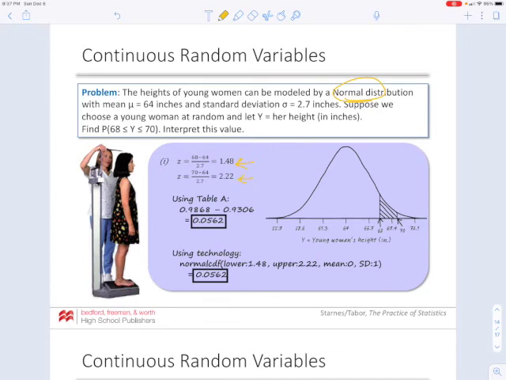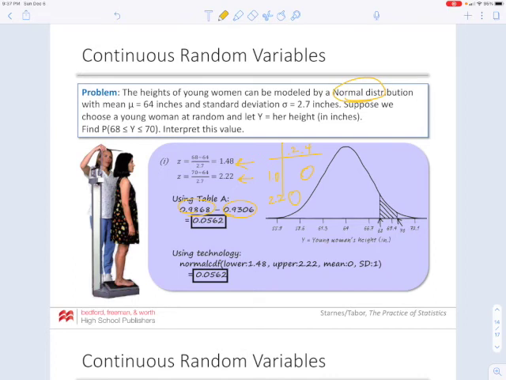Then we go to the table, we look for 1.0 and 2.2, and we go over to the 0.4 and the 0.2. We take these values, which here are given to us, and we do our subtraction, and that gives us the area in between.